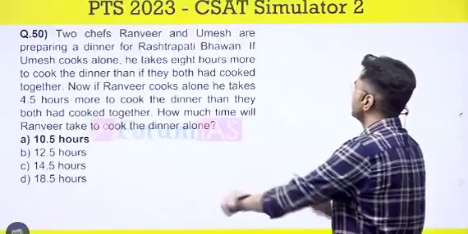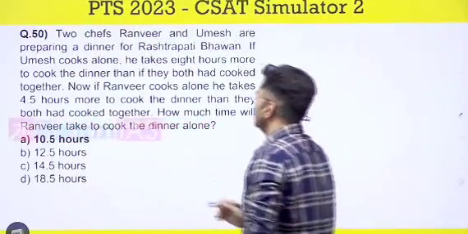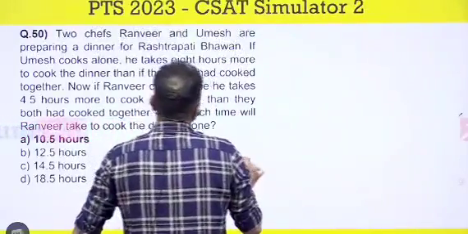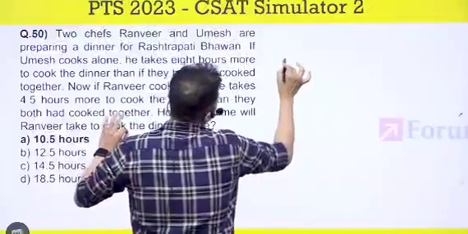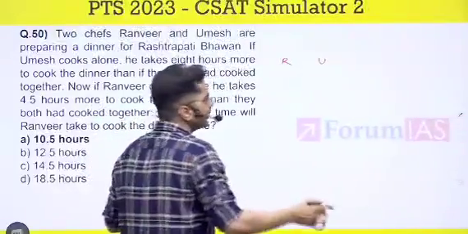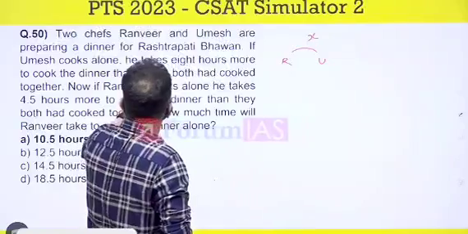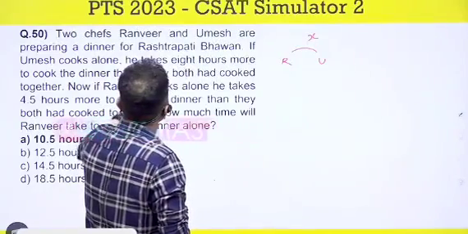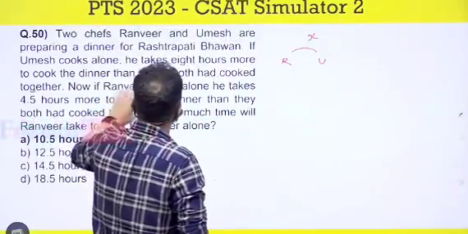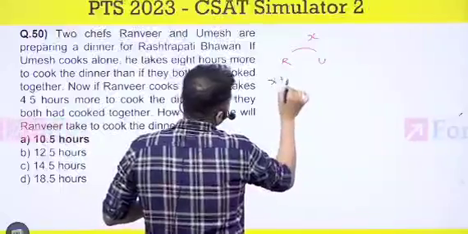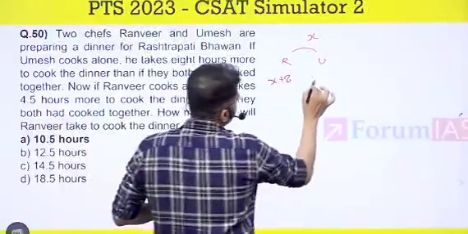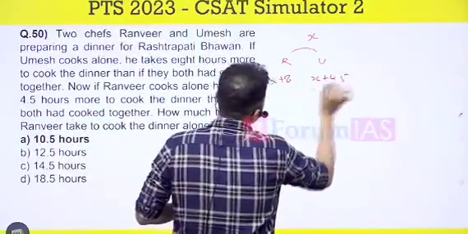Now, okay. So this is a typical question, not a standard one. See, it says there are 2 chefs, Ranveer and Umesh. Let their combined time be X. Then it says he takes 8 hours more than if they cooked together. So this will become X plus 8 and this will become X plus 4.5.